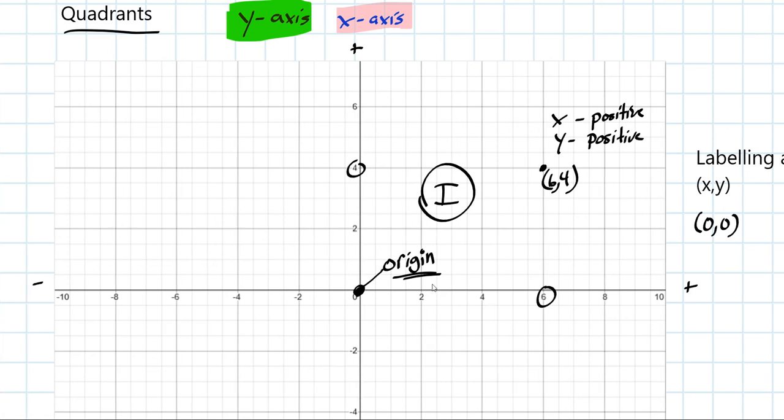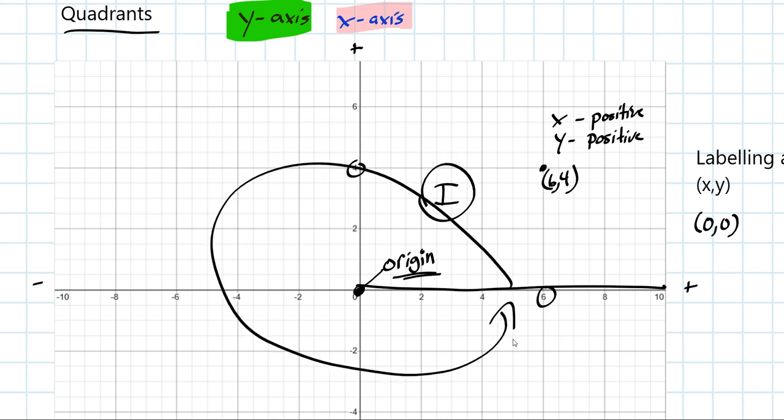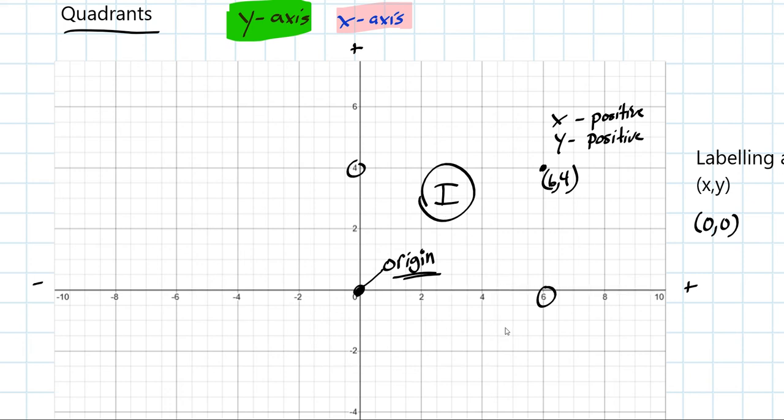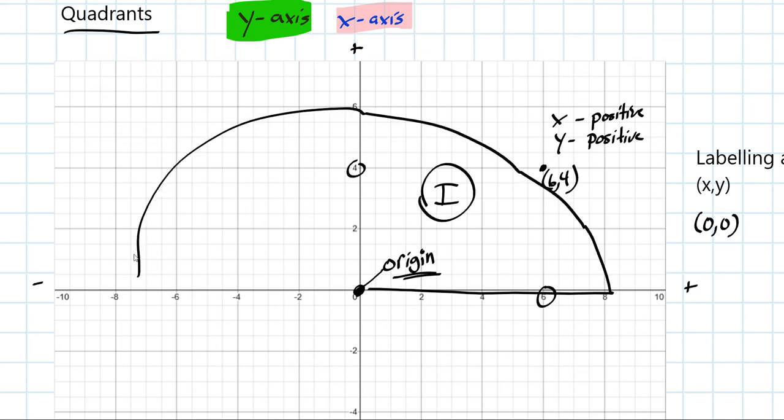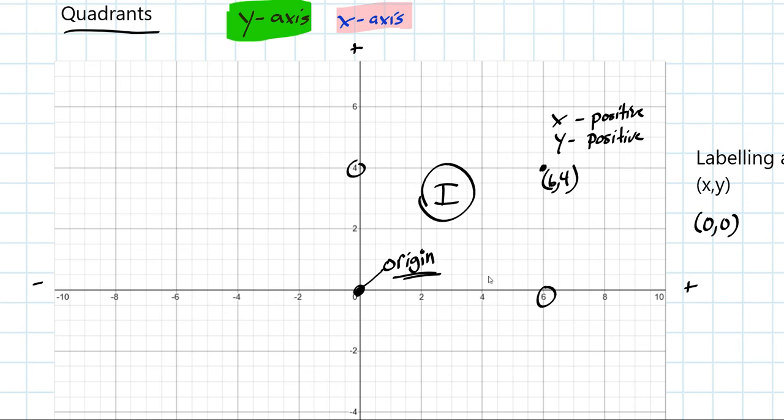The next quadrant, we're starting from sort of this line here, and we're going to work our way around in that direction. We're going around counterclockwise. We would be doing the same thing if we were measuring angles as well. We would start at 0 degrees and then come up to, I don't know, 30 degrees, 45 degrees, 90 degrees, over to 180. We would go in that same counterclockwise direction. So the second quadrant, we label 2.